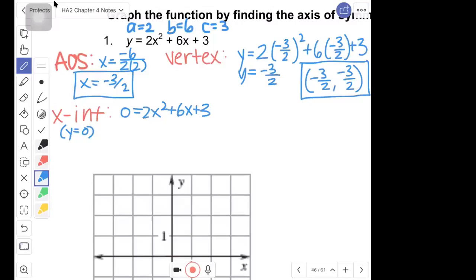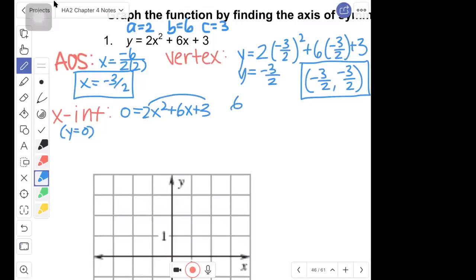So can we easily factor this? Can we see that there's an easy factor? Yeah, I think so. So with AC method, there'd have to be factors of 6 that add to 6. Does that make sense? Yeah. Are there any factors of 6 that add to 6?